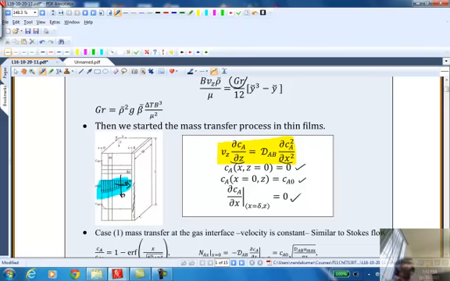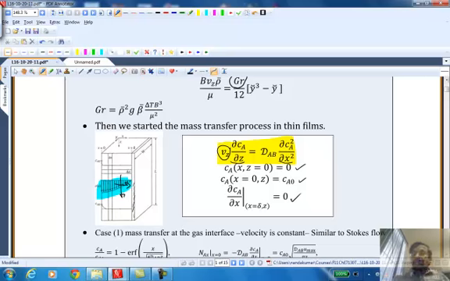That is the general set of boundary conditions for the differential equation, which is fairly difficult to solve because we need to use separation of variables for a situation where the velocity itself is a function of x. It's a quadratic function of x.